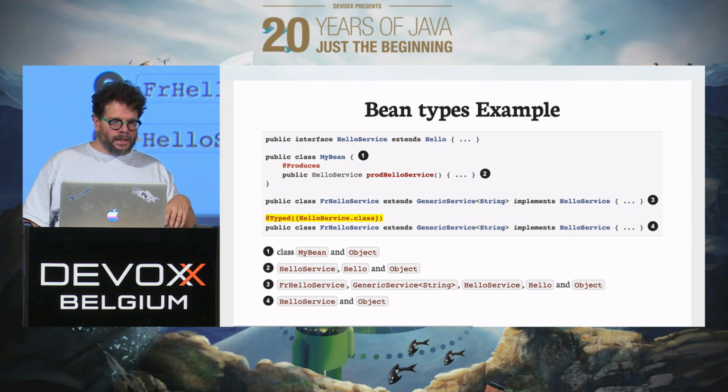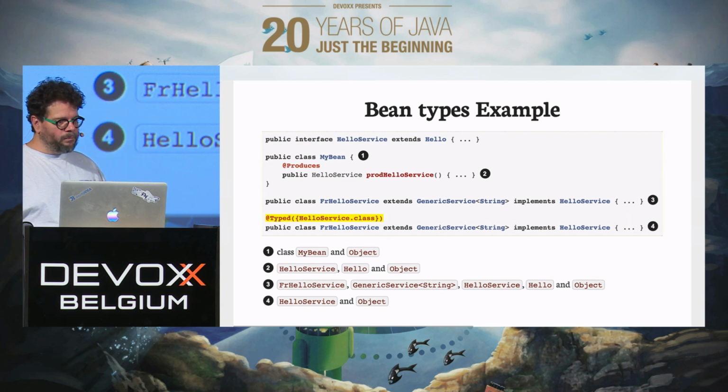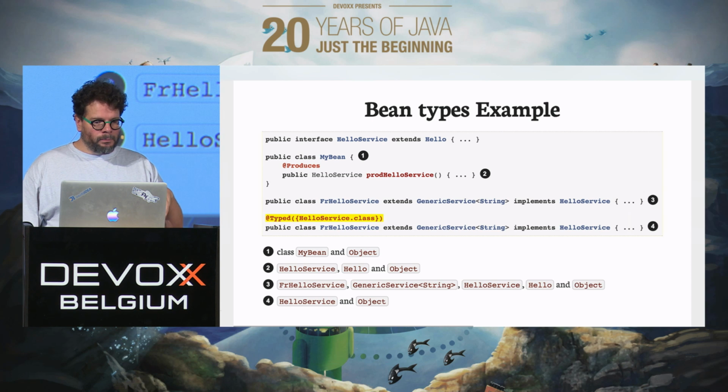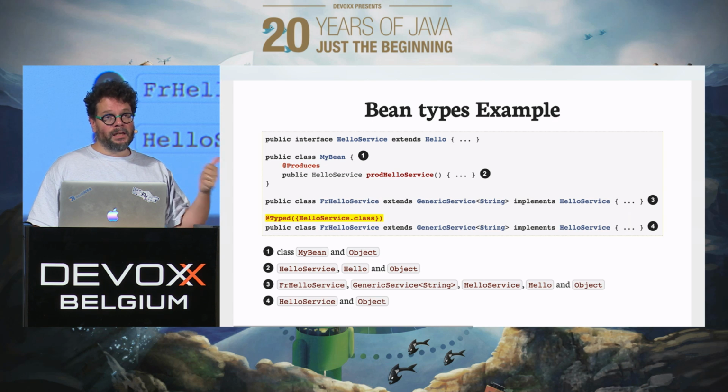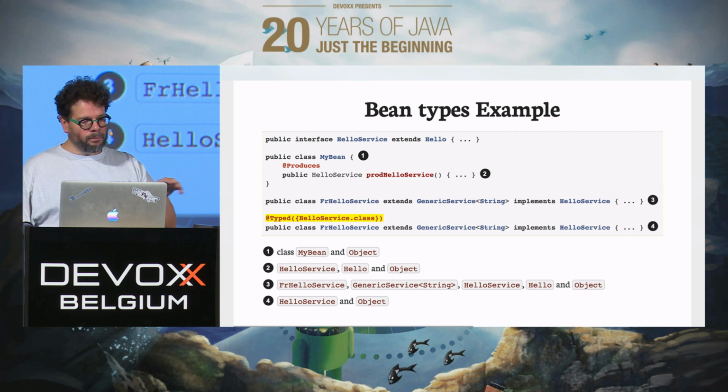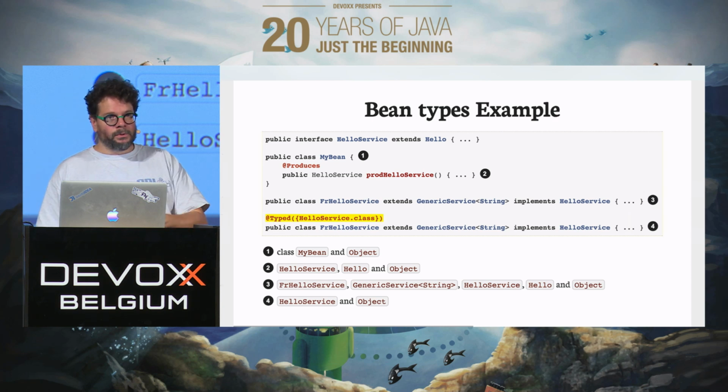So here, my first bean, the public class MyBean, will have two types in its set, so the MyBean class and the Object class. The second one, the producer, in fact, so you see there is a producer, produceHelloService, which returns a HelloService object, which is an interface.